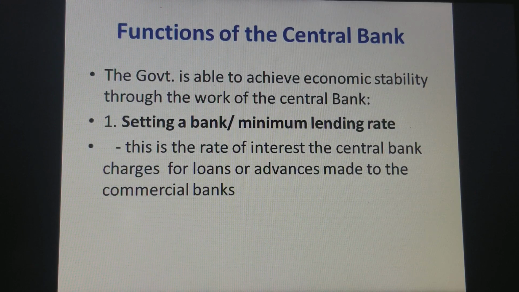This is the interest rate the central bank charges for loans and advances made to the commercial banks. So when the commercial banks want to access money from the central bank, the central bank will offer it to them at a certain interest rate. Now let us look at how this works.